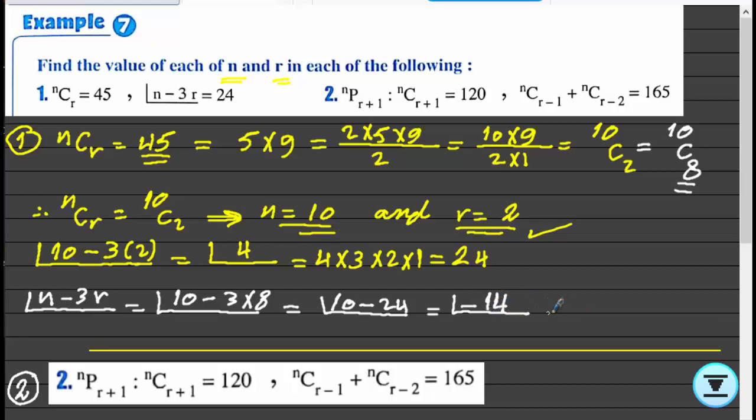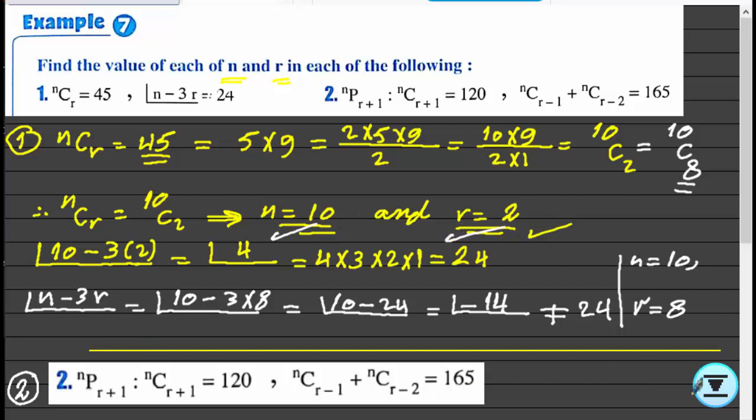And the negative 14 not equal 24. So n equals 10 and r equals 8 is not a solution, because n equals 10 and r equals 8 do not satisfy factorial n minus 3r equals 24. Okay, so we have only one solution, n equals 10 and r equals 2.